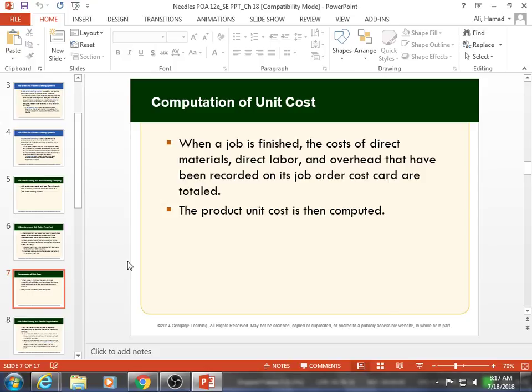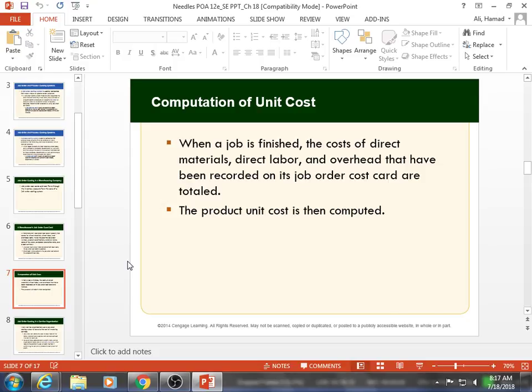Same thing for this one. So once the whole product is done, you combine all the materials, all the labor, and all the overhead. That will give you the unit cost.